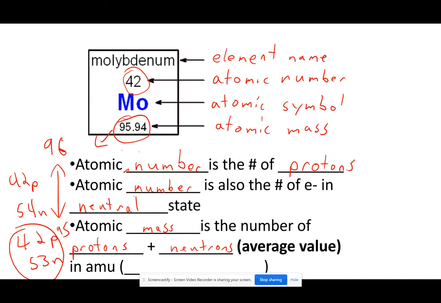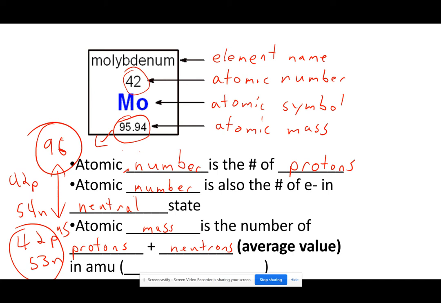And this decimal tells me that most of it is molybdenum 96. And very little of it is molybdenum 95, although there are some of that in nature, and those are called different isotopes of molybdenum.